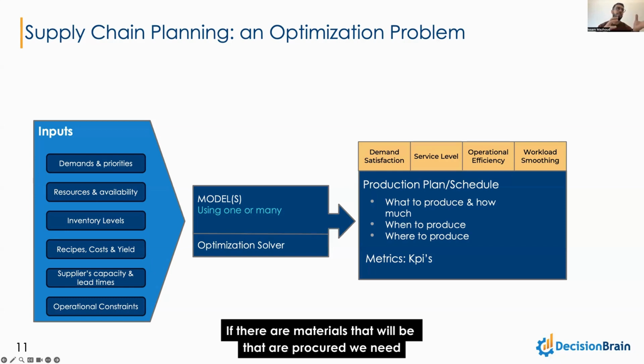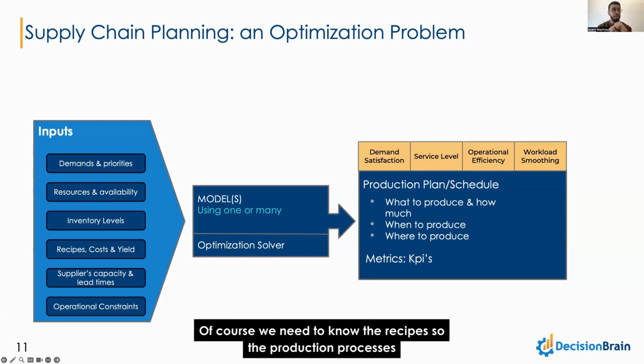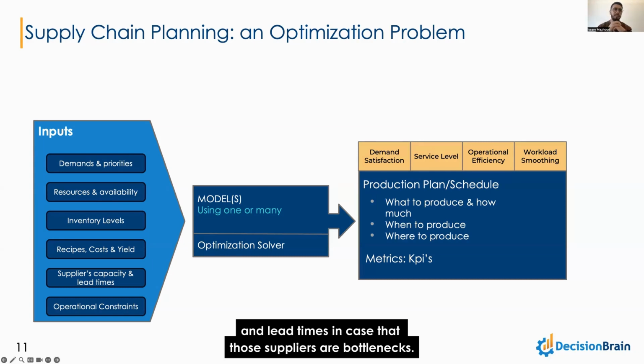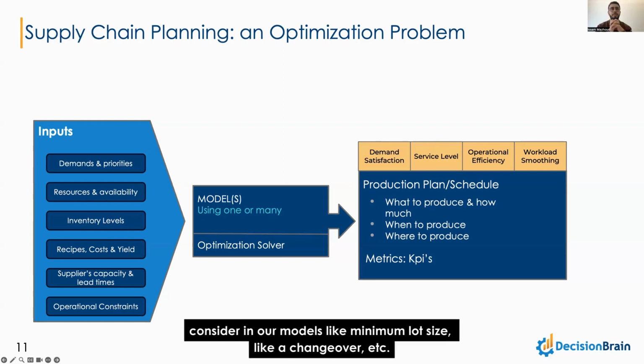If there are materials that are procured, we need to know the information about that. Of course, we need to know the recipes, so the production processes, and the different costs and yields of these recipes. We need to know the suppliers' capacity and lead times in case those suppliers are bottlenecks. And of course, we need to know all the other operational constraints that we need to consider in our models, like minimum lot size, changeover, etc.